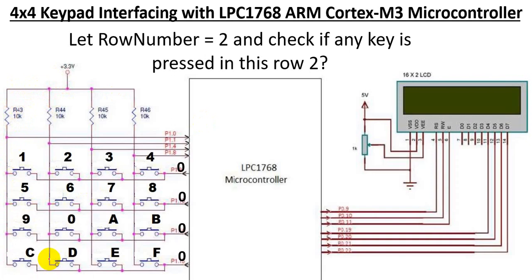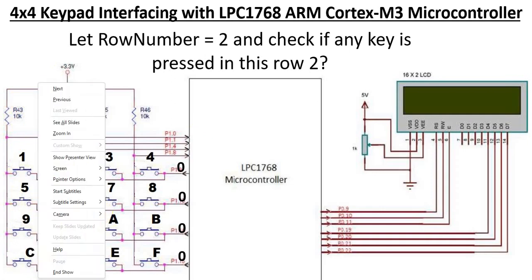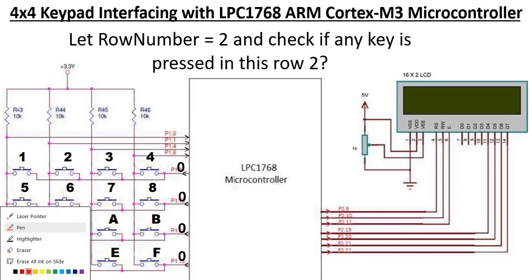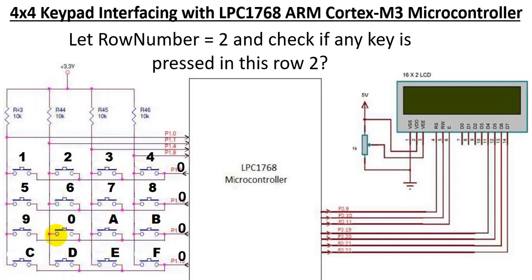Now comes a scenario wherein we have pressed this key number 0. So when we have pressed this key, it means what? This behaves as a short circuit now. There is a connection established. Now what will happen?